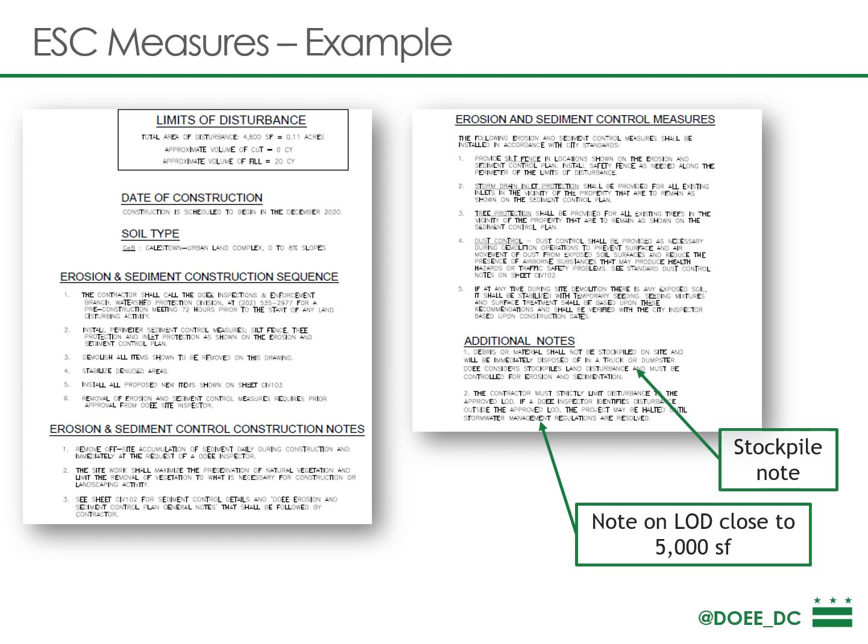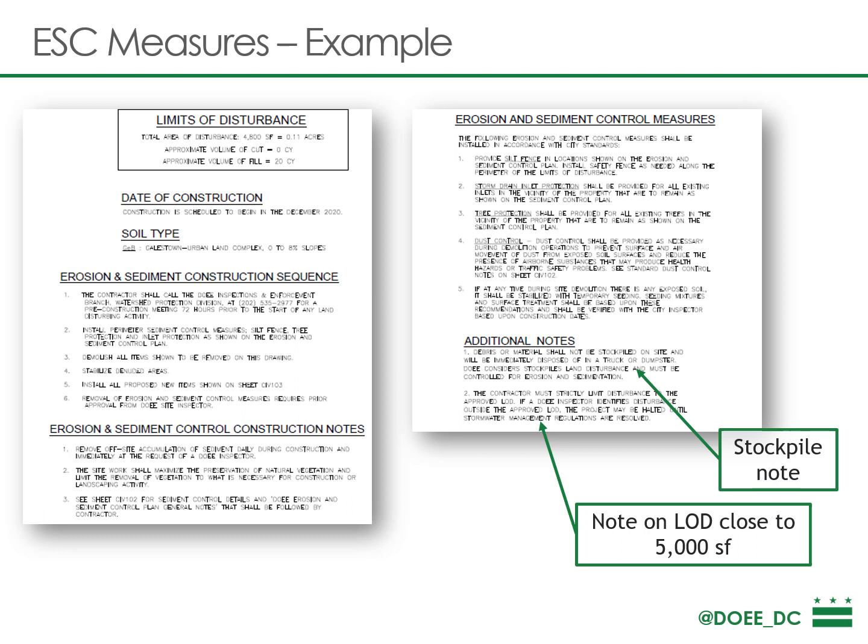So we oftentimes ask that you add a note specifying that the contractor be aware and strictly adhere to the delineated LOD, and make them aware that if they go outside the approved LOD, the inspector has the authority and may halt the project until stormwater management requirements are resolved, which could significantly delay your project.